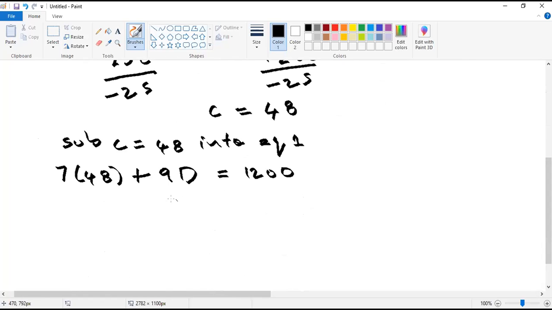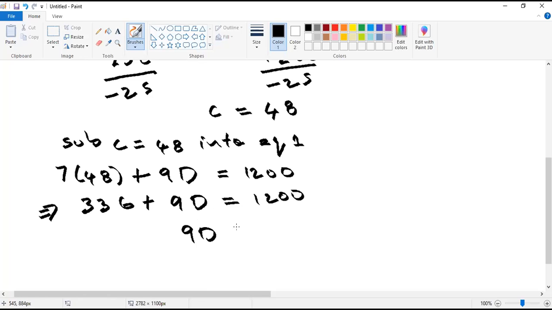equals 1200. So we multiply this out and get 336. Then we can subtract 336 from both sides.